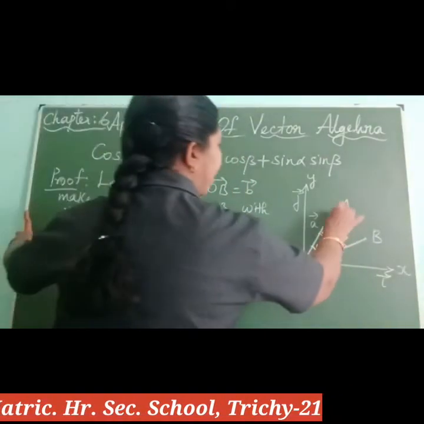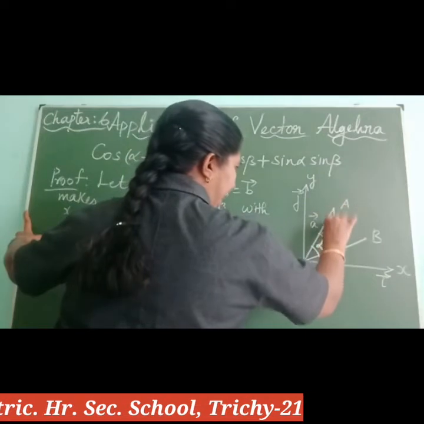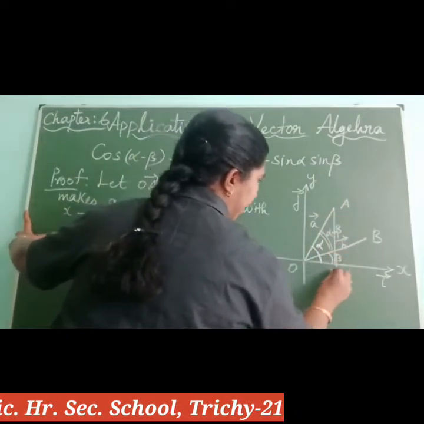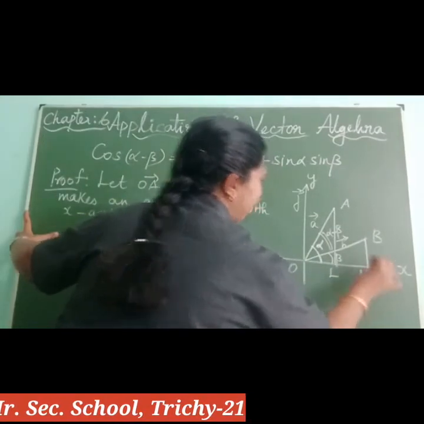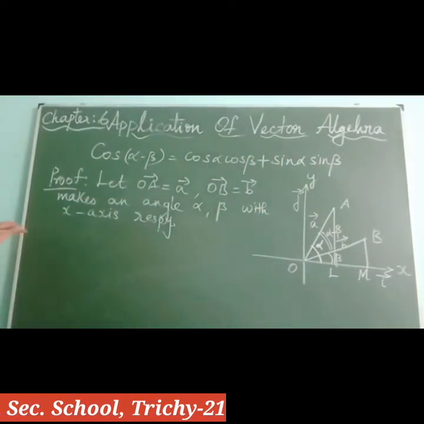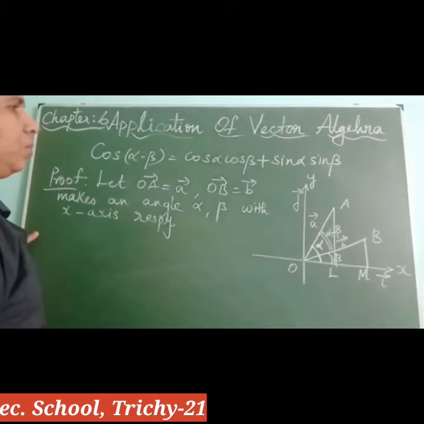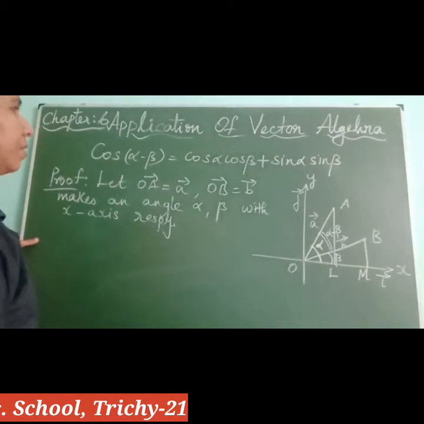Now you can join A with the x-axis at the point L, and B with the x-axis at the point M. After drawing this, we can find the angles.